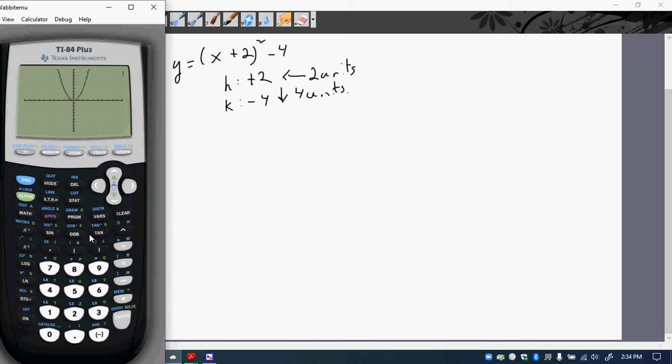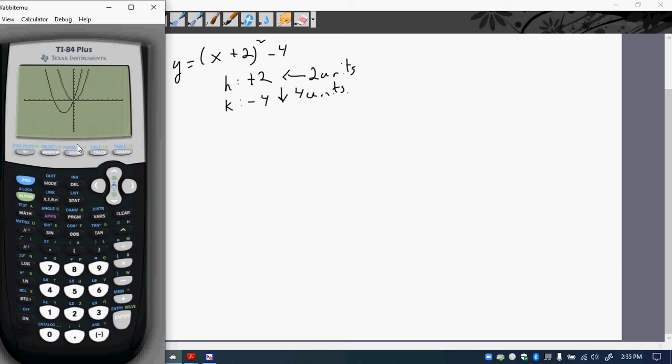You can see here's the original, and then here is the moved parabola, meaning it's moved 2 units to the left and 4 units down.